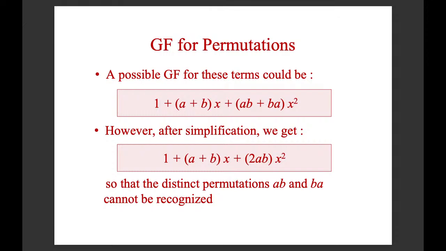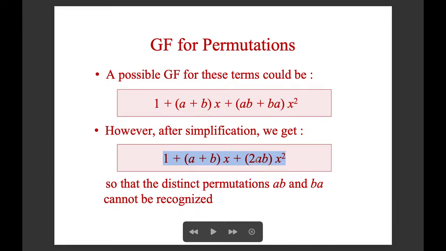But if you use the generating function idea, a possible generating function will look like this: 1 plus A plus B multiplied with x, plus AB plus BA multiplied with x squared. And after simplification, we get this one. But somehow, by doing so, the distinct permutations AB and BA will not be recognized here.